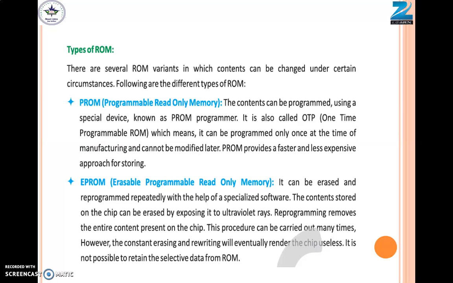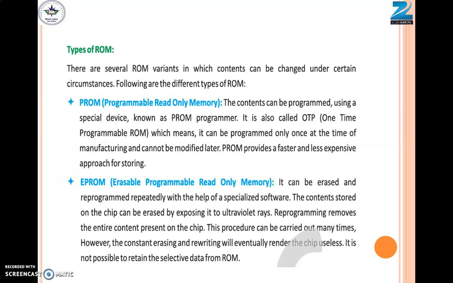Then another category is EPROM, erasable programmable read-only memory. Means after manufacturing, after programming once, the content can be changed or reprogrammed. It can be erased and reprogrammed repeatedly with the help of specialized software. The content stored on the chip can be erased by exposing it to ultraviolet rays. Reprogramming removes the entire content present on the chip.